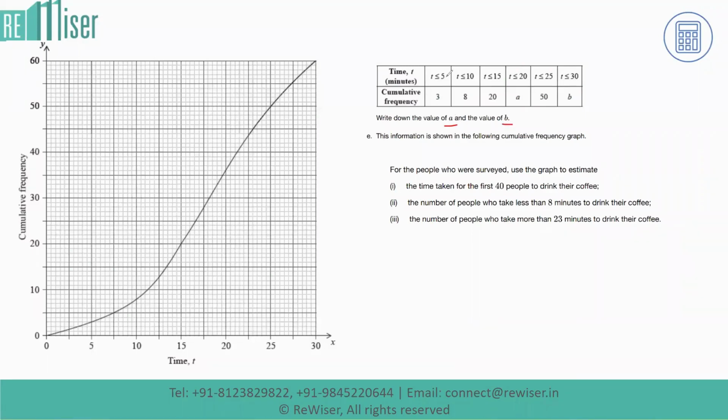We know that T less than or equal to 5 is 3, till 10 it's 8, till 15 it's 20, and till 20 it is A. So this is what we need to calculate.